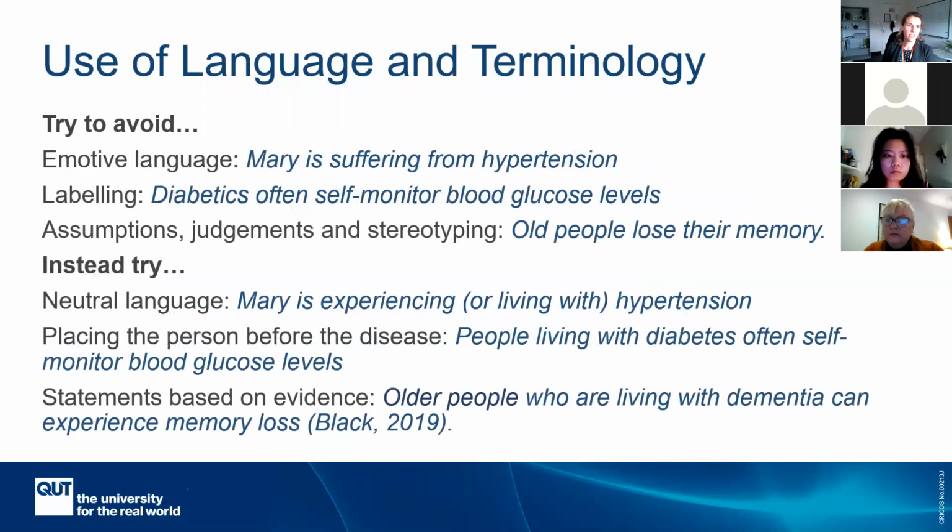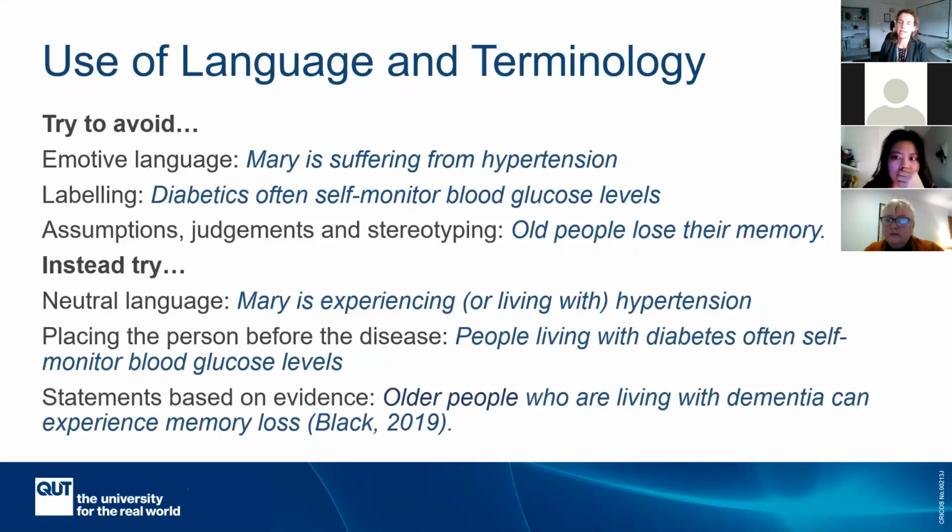And then just with use of language and terminology, if you can, in your writing, try to avoid emotive language. So we tend to say a lot, oh, people are suffering from something. That's a subjective way of being.